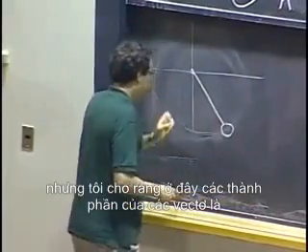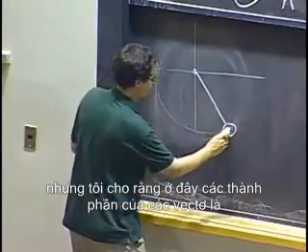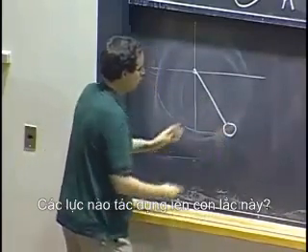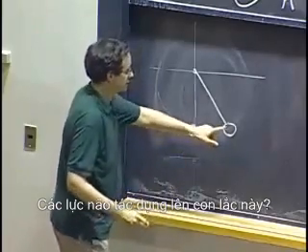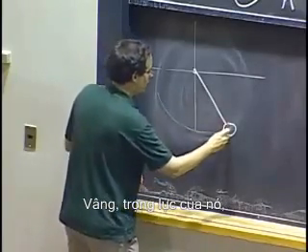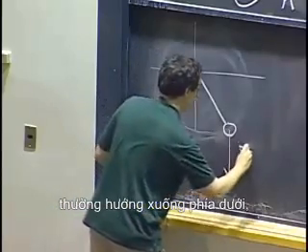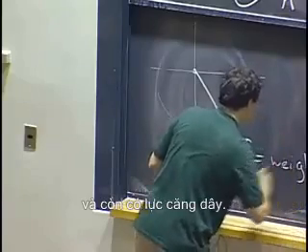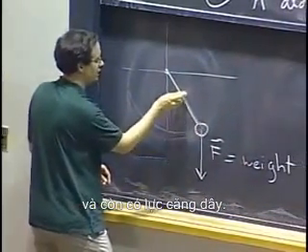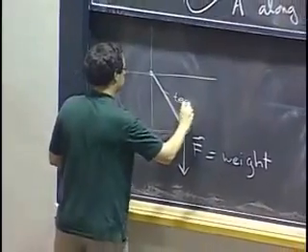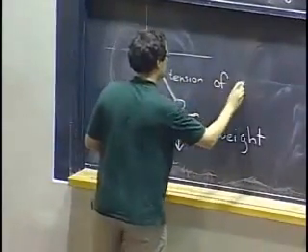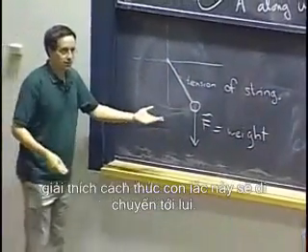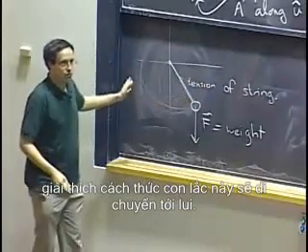But I claim that components of vectors are useful here to understand what happens geometrically. So, what are the forces exerted on this pendulum? There's its weight, which usually points downwards, and there's the tension of the string, and these two forces together explain how this pendulum is going to move back and forth.